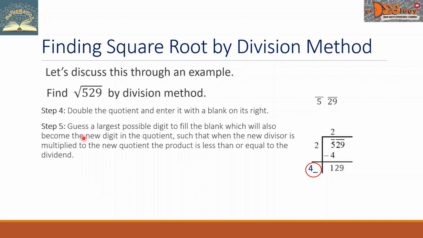Step 5. We guess the largest possible digit to fill the blank, which will also become the new digit in the quotient, such that when the new divisor is multiplied by the new quotient, the product is less than or equal to the dividend. We're going to do trial and error here.